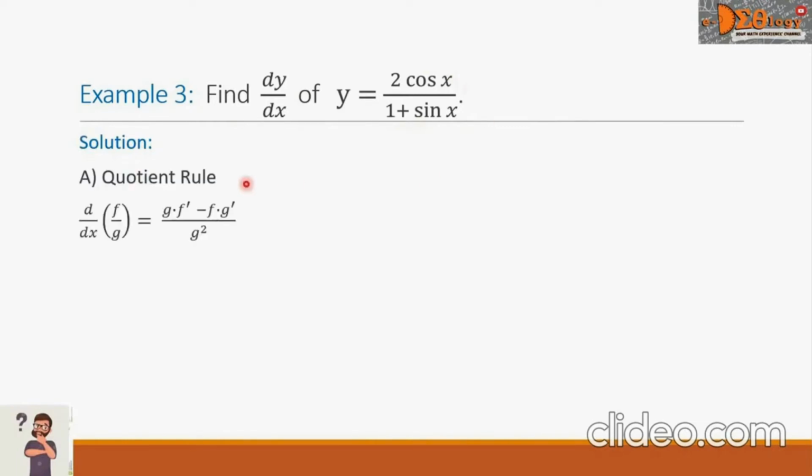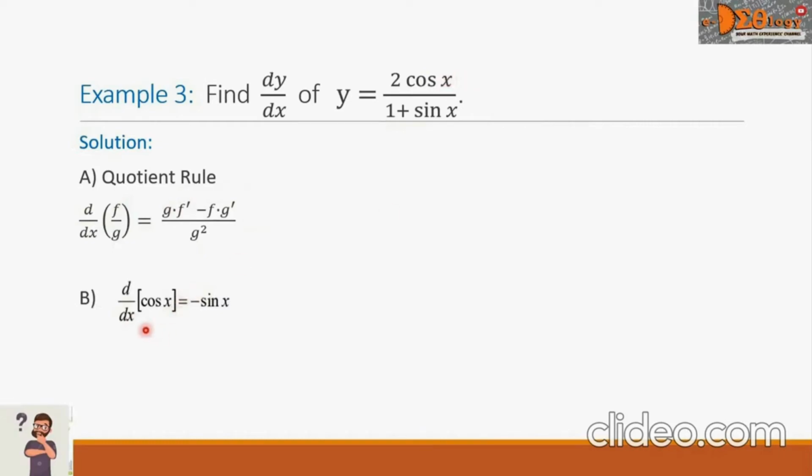So we write the quotient rule. D over dx of the fraction f over g equals g times f prime minus f times g prime all over g squared.